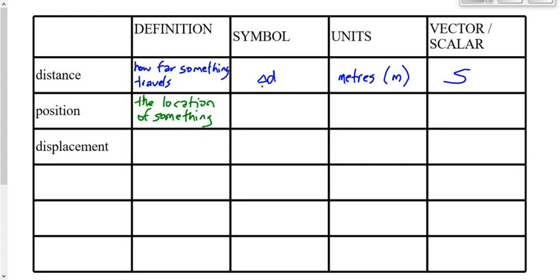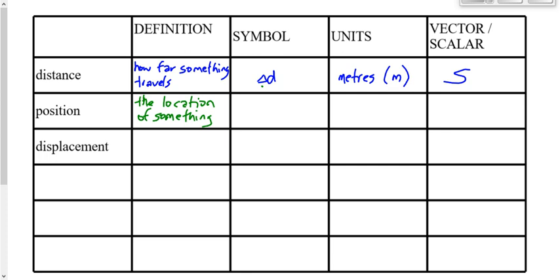I'll pick you up. And they say, well, I live 17 kilometers from Dairy Queen. Well, that's not very helpful. If you want somebody's location or position, you need to know that it's 17 kilometers west of Dairy Queen or 17 kilometers north of Dairy Queen. If you want a position, you need direction.